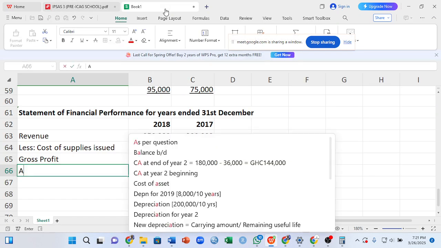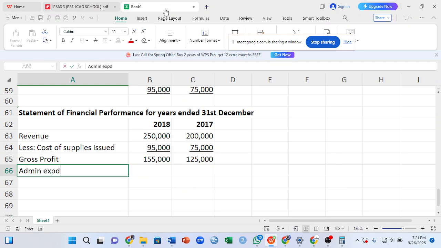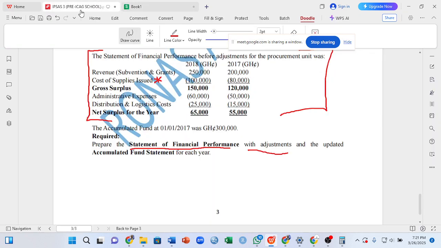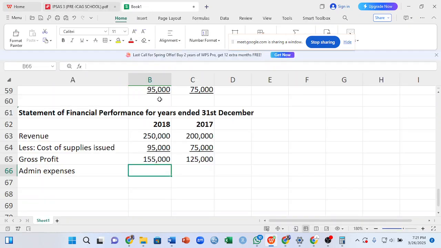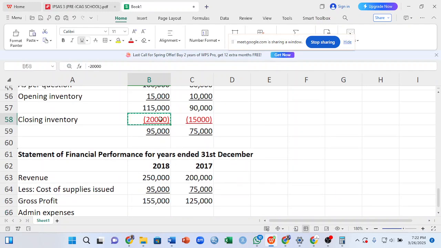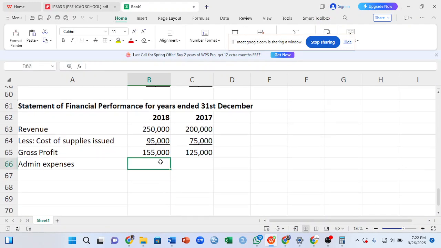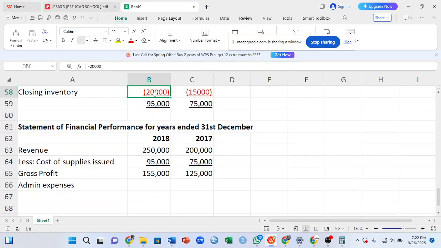Admin expenses. That was 60, 50. So 60,000 here.